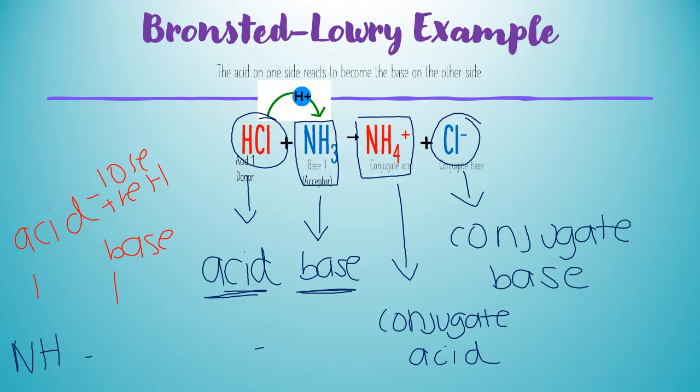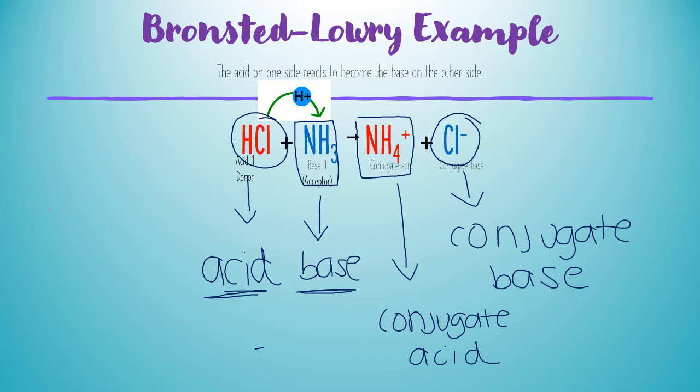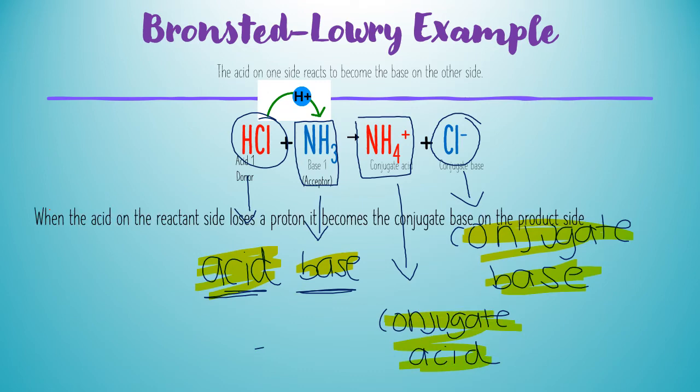So pretty much, if you can remember that whatever is the acid on the left becomes the conjugate base on the right, and then the base becomes the conjugate acid. They flip roles and throw that word conjugate in front of it.